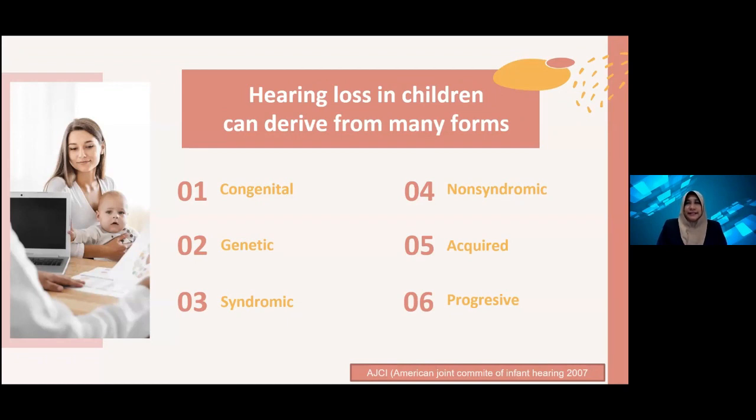Hearing loss in children can derive from many forms. It can be congenital or present at birth, genetic, syndromic, non-syndromic, acute, and or progressive. It manifests as conductive, sensorineural, or mixed hearing loss.